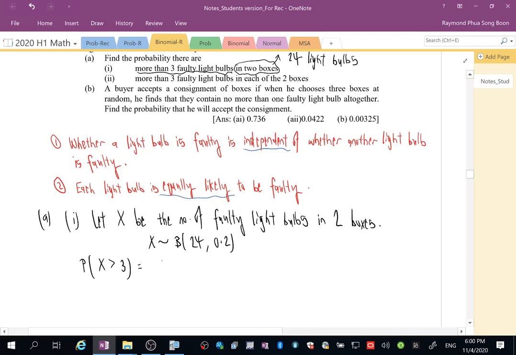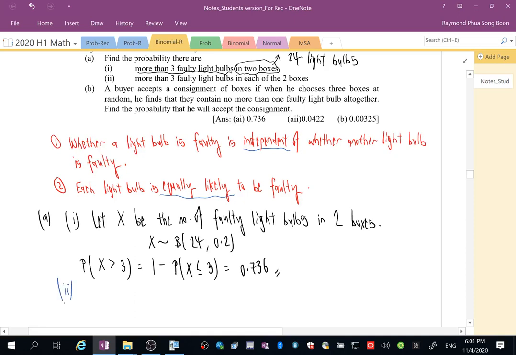In order to use binomial CDF, we need to change it to less than or equal to. So the probability that X is greater than 3 equals 1 minus the probability that X is less than or equal to 3. Then you just press your GC and you will be able to get the answer.